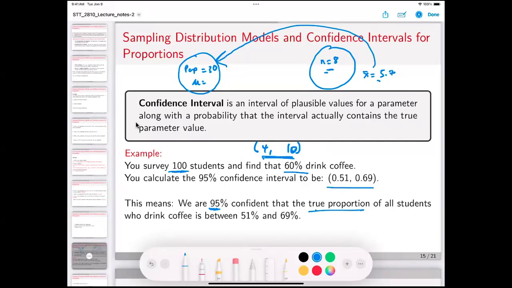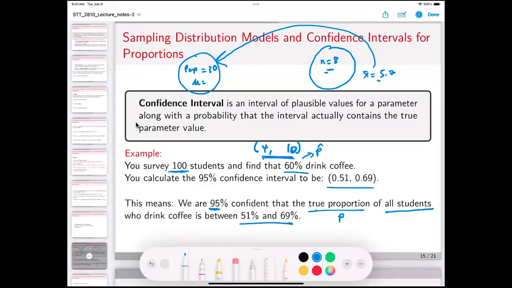That the true proportion, so the true proportion is P. This 60% here is P hat. Is that okay? That the true proportion of all students, you see, all students, not the 100 students. Does that make sense? That the proportion of all students who drink coffee is between this range.